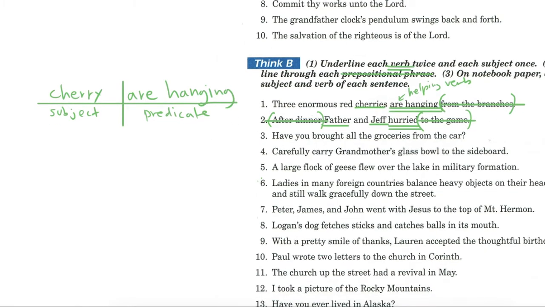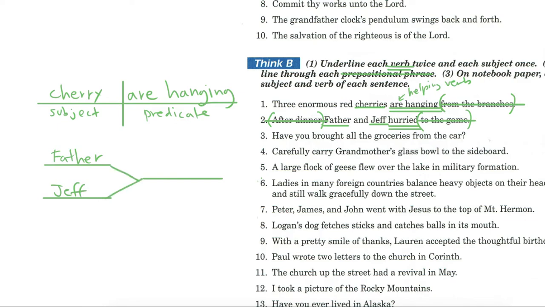Number 2, after dinner, Father and Jeff hurried to the game. Here we see that we have 2 subjects, right? So draw 2 lines for the subject. How many verbs do we have? We just have 1 verb, so draw 1. Fill in your subjects: Father, Jeff. Make sure you draw that rocket ship.